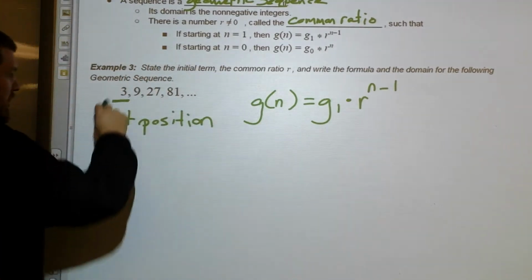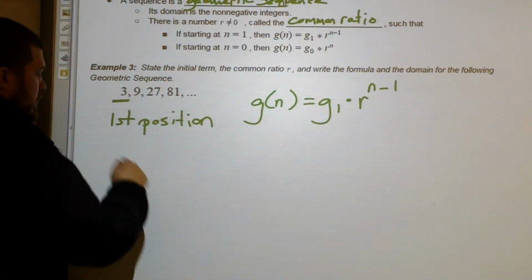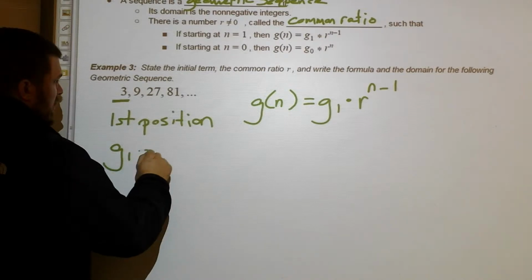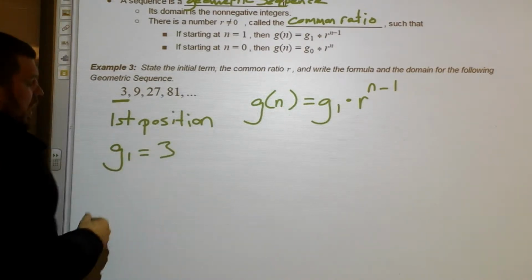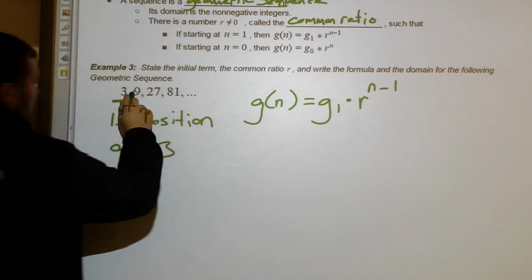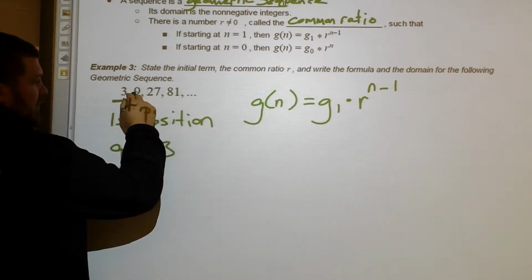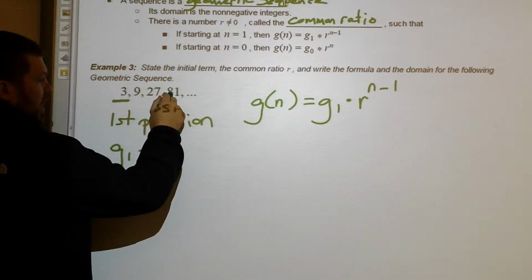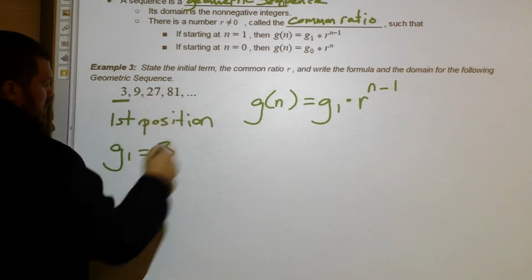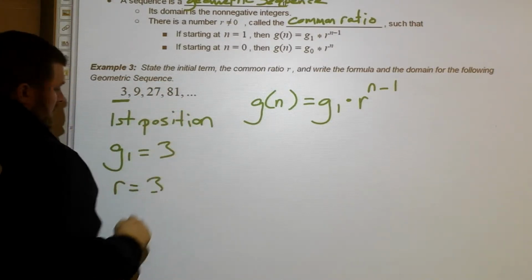Well, the first value is 3, so g of 1 is 3. My common ratio, I find that by dividing, so 9 divided by 3 is 3. 27 divided by 9 is 3. 81 divided by 27 is 3. So my common ratio is 3.